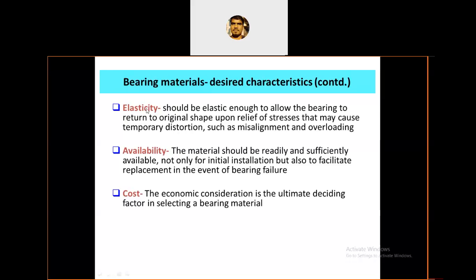If it is high cost, then the entire process becomes very expensive, with high maintenance cost and operating cost. So the cost of the bearing material should be nominal or economical. Then only we can use it. Example, gold. Gold is a very high cost. We cannot use it as a bearing material.